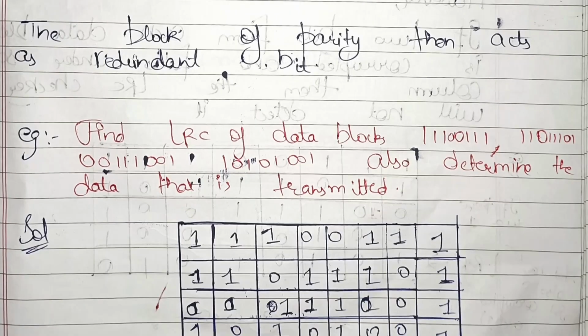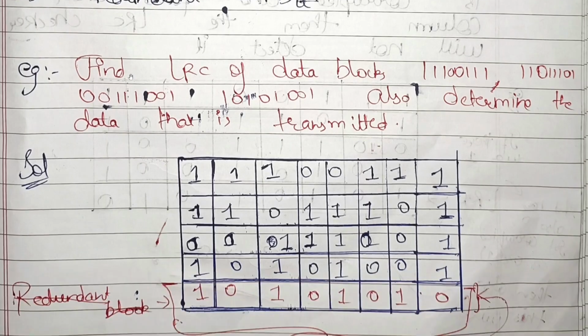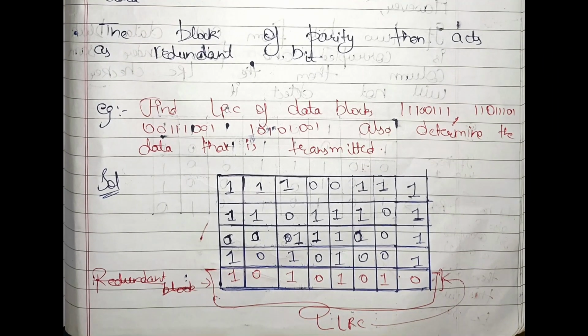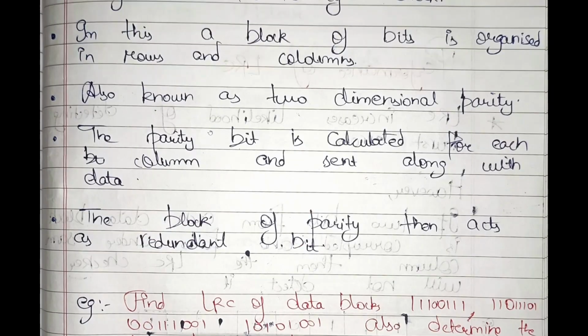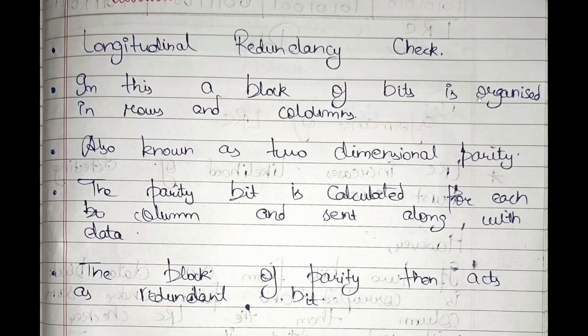So let's take an example. Now, it says find the LRC, longitudinal redundancy check, of data blocks 11001111, this and this. Also determine the data that is transmitted. So what it says is, in this, a block of bits is organized in rows and columns.